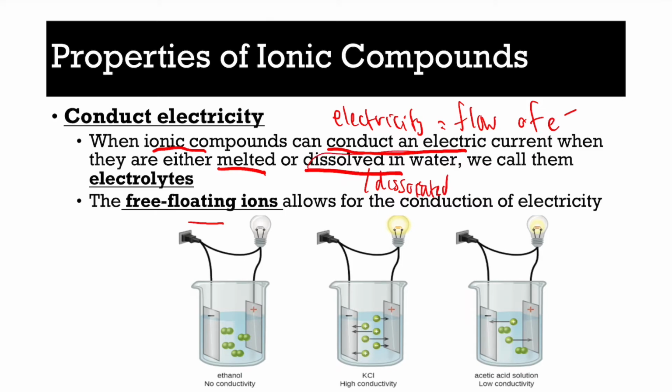Again, if you see dissolved in water, you'll see it as AQ. If it's dissolved in water, these ions can flow wherever they want to. If the ions can flow freely, that's what allows electricity to happen. Again, those electrons can flow, but only when melted or dissolved in water.